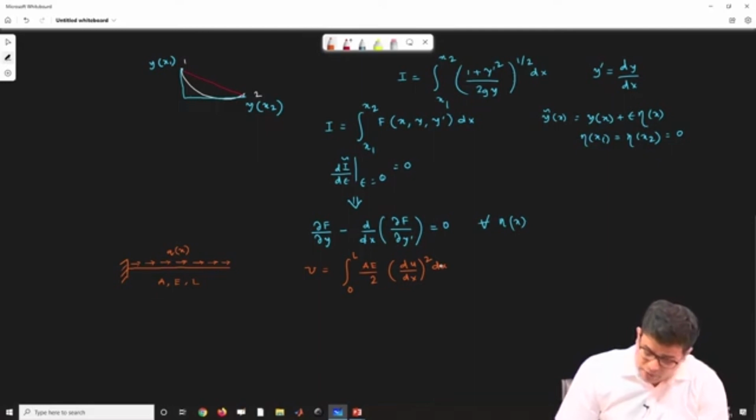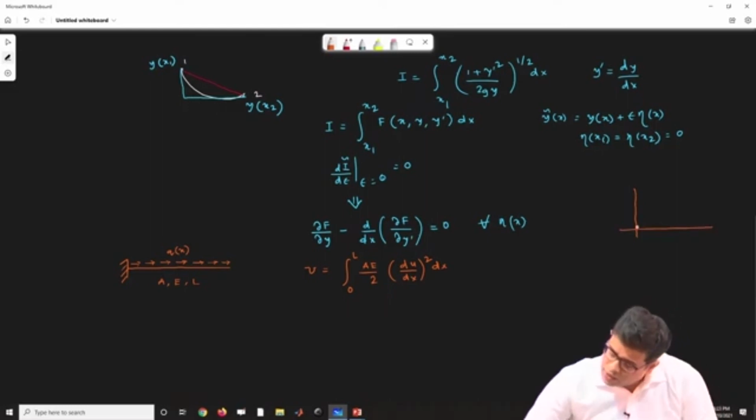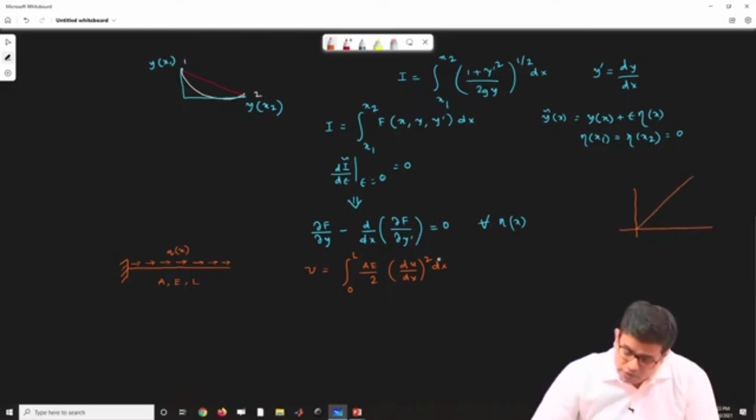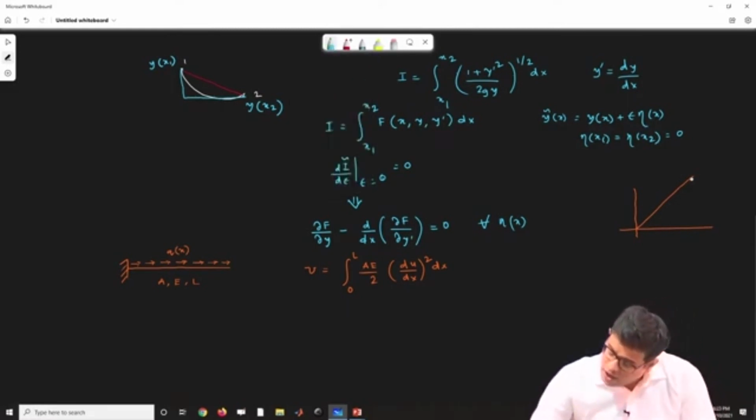It is very simple, because we know that the strain energy of a one-dimensional body, if it follows a linear elastic material, is the area under this curve. Suppose this is my epsilon axis, this is my sigma axis, so this is the area, half of sigma into epsilon.